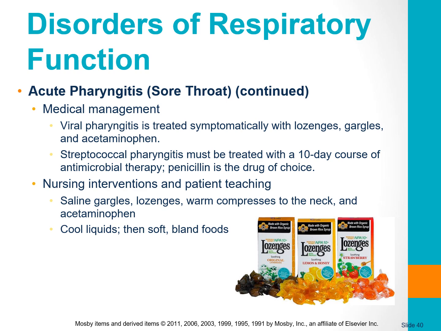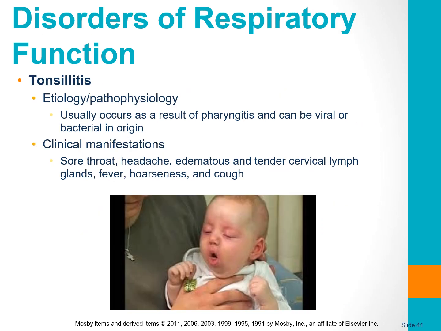Like pharyngitis is tonsillitis. This is very similar in its presentation. It's just lower down in the airway, or farther down into the pharyngeal cavity, I should say. This usually occurs as a result of pharyngitis and then causes tonsillitis, okay? It can be viral or bacterial.